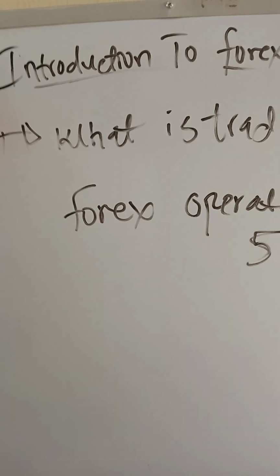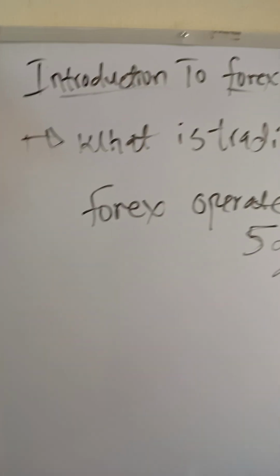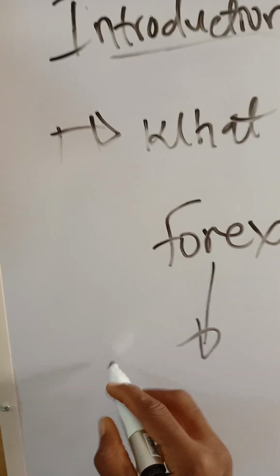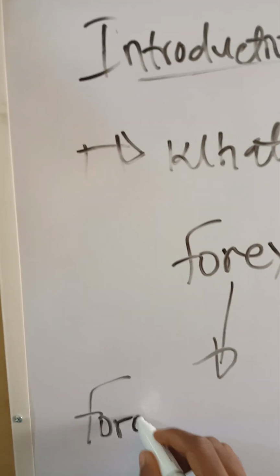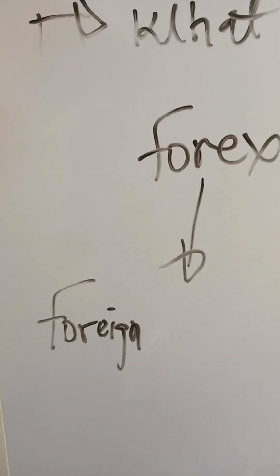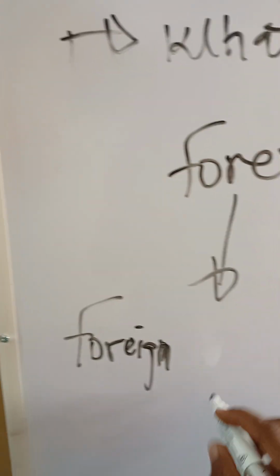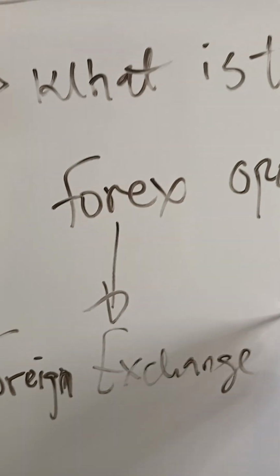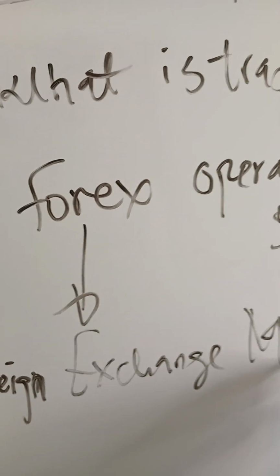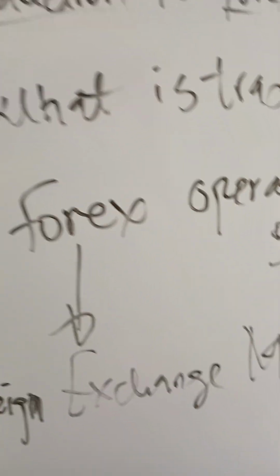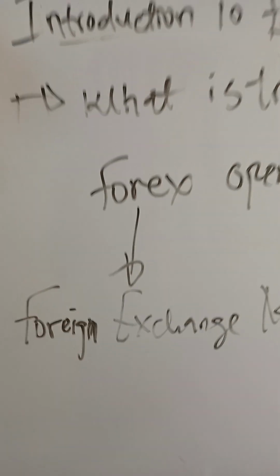So what is Forex? This is really what we want to talk about. Forex is also called the foreign exchange market. The foreign exchange market is the short form for Forex.